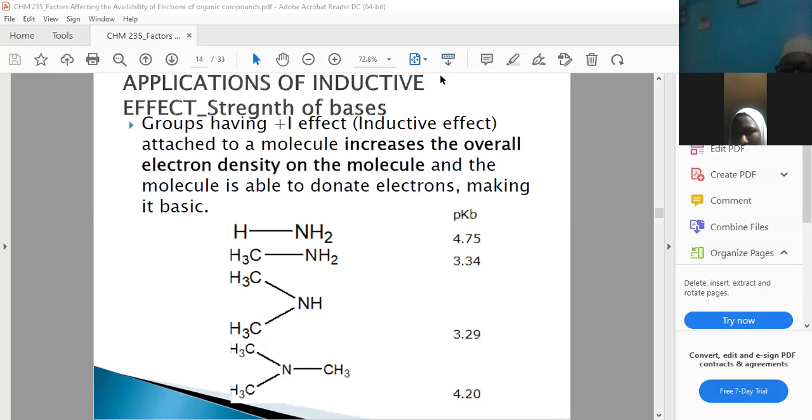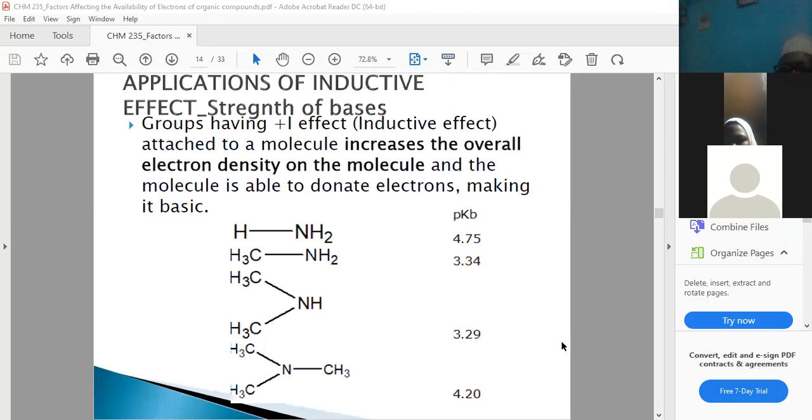Yes, sir. Please come again, sir. I said steric effect is... Now, from where you explain why the trimethylamine that has 3 methyl groups is not as strong as the one that has just 2 methyl groups. That's the part I'm missing.